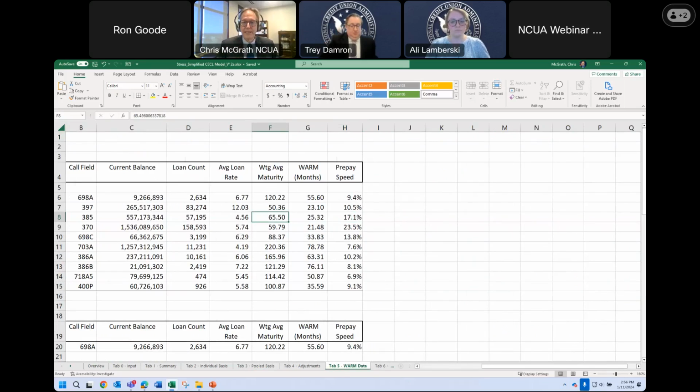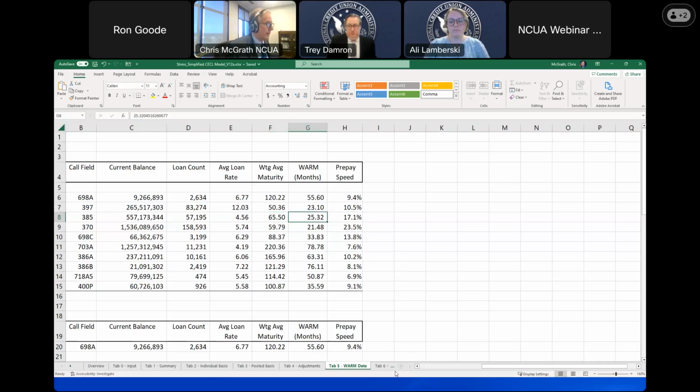Just say that all loans you have on your books have a weighted average maturity of 72 months, because cars are expensive and people want 6-year loans, or actually let's say 7-year loans, 84 months. So we would do a pro rata adjustment. Take this 65 and adjust it up. Let's see, I'll do that math right now.